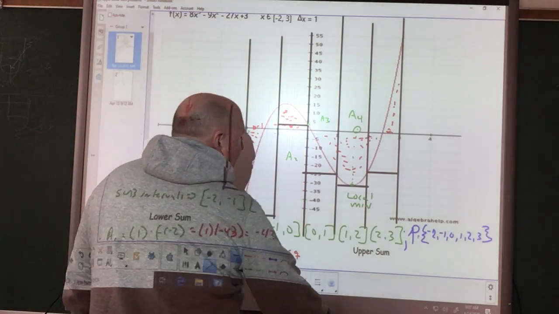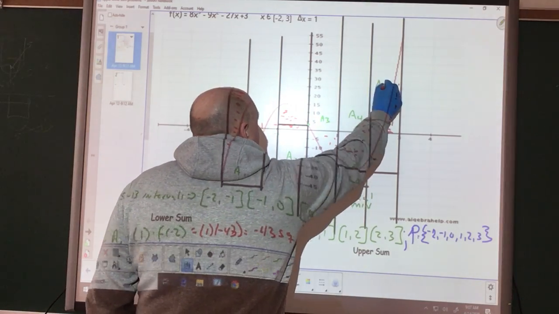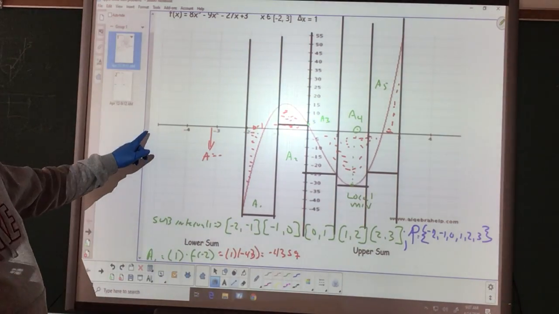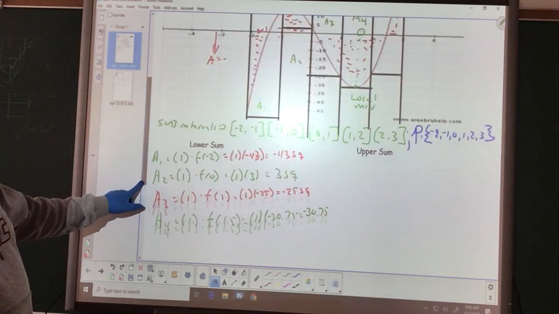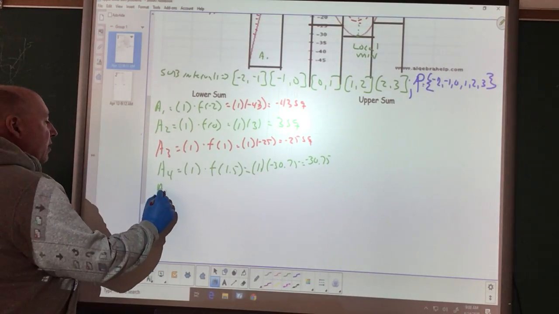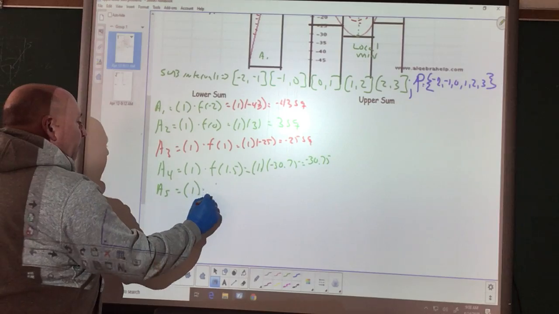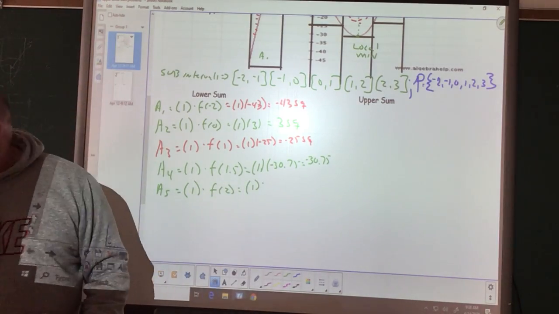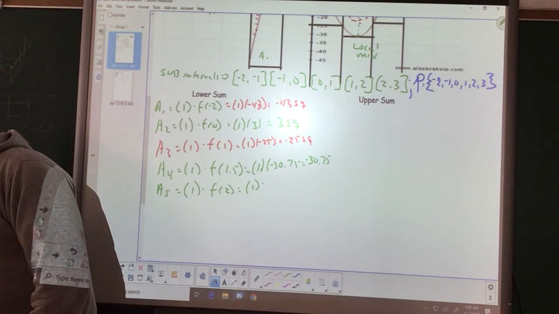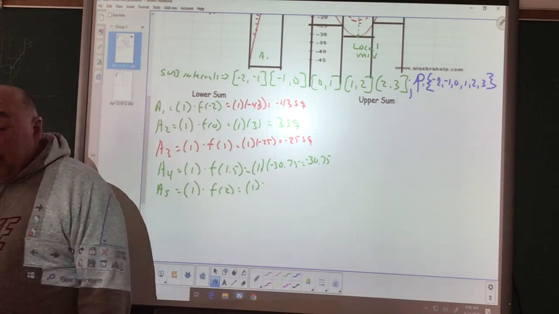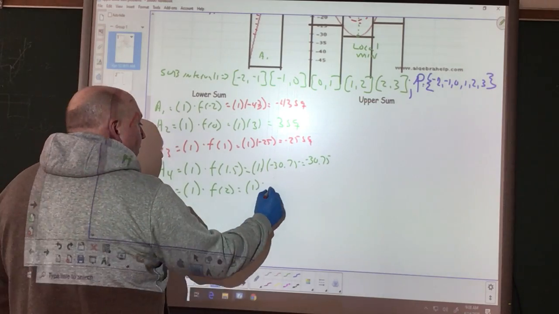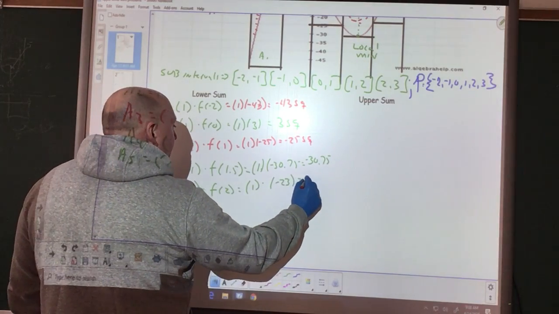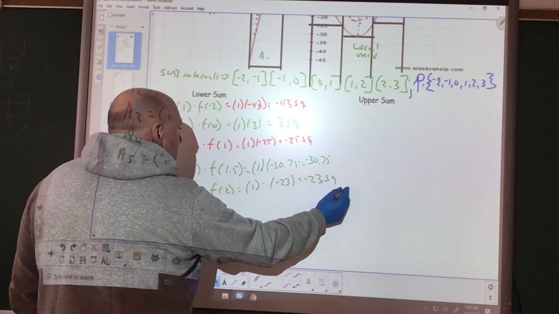So for my A5, I have my function value at the value of 2. So A5 is the value of 1 times my function value of 2. So we have 1 times function value of 2 is negative 23. So we have negative 23 squares.